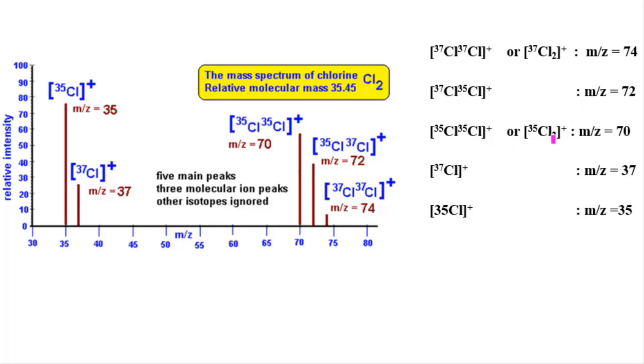Chlorine molecule formed with chlorine 35, mass is 70. Chlorine isotope Cl 37, mass is 37. This chlorine isotope Cl 35, mass m by z is 35. So when we get peaks at m by z values like 74, 72, 70, 37 and 35, then it is easily understood that the unknown sample is related with chlorine.